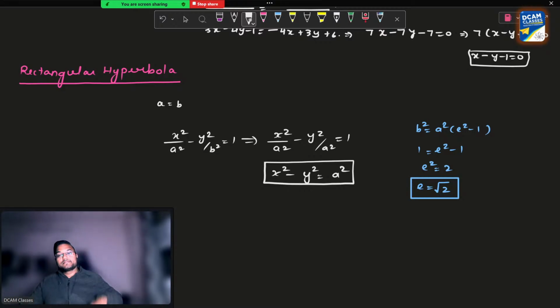Now, sometimes they represent a rectangular hyperbola in a different way.